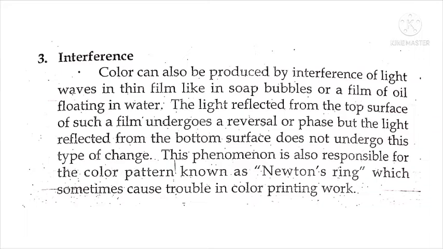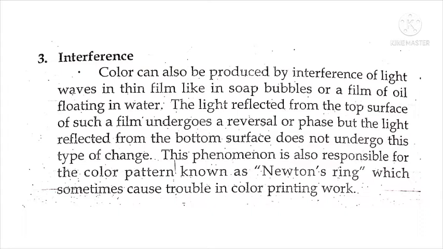Color can also be produced by interference of light waves in a thin film, like a soap bubble or a film of oil floating on water. The light reflected from the top surface of such a film undergoes a reversal of phase, but the light reflected from the bottom surface does not undergo this type of change.